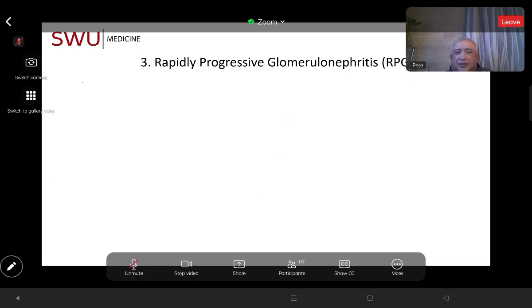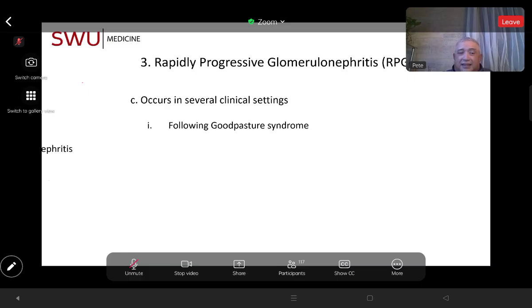Now, let's go to rapidly progressing glomerulonephritis. This is the most common sequela of Goodpasture disease. The most common cause is Goodpasture's, and then this is going to be followed by other forms of glomerulonephritis.